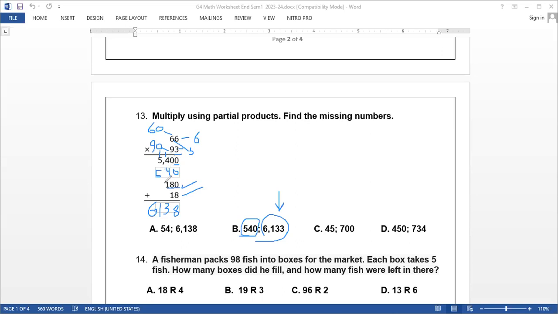Plus 1 equals 11. And here we have 6. So this is the answer, but this should be 8. Question number 14.